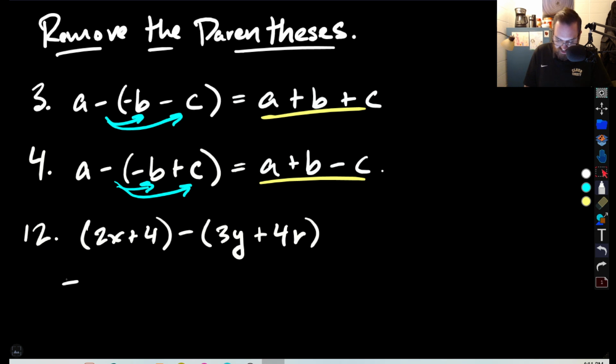But what we can do here is apply that negative to both the 3Y and the 4R, and then we'll have our parentheses gone. So the first piece we don't actually have to do anything with. We can just rewrite it because there's nothing in front of it that's being applied. And so as a result, we can just rewrite it.